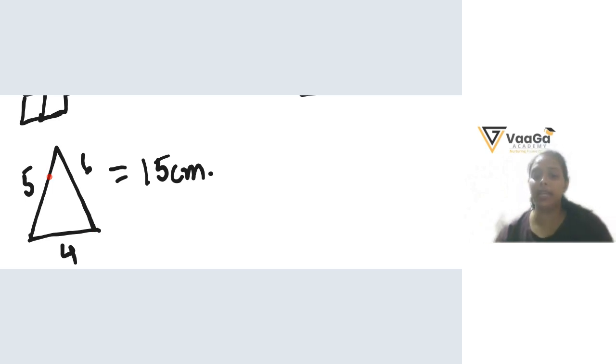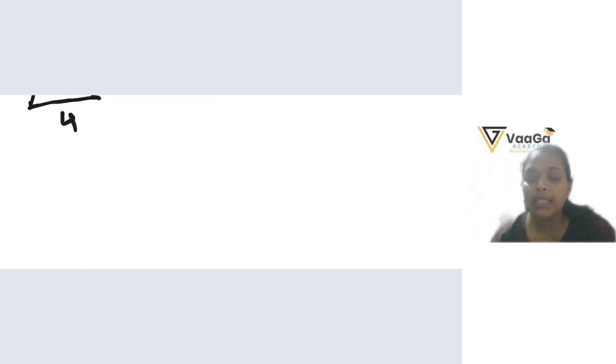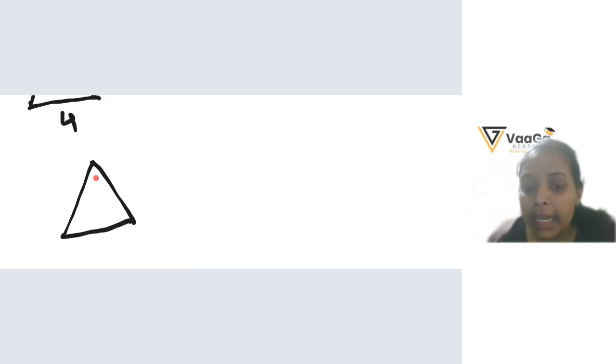So what we do in a triangle, when we have to calculate the area? Let's say this is the triangle I have. Now, see, I can cut this triangle from the middle. You see that I'll have two different triangles.